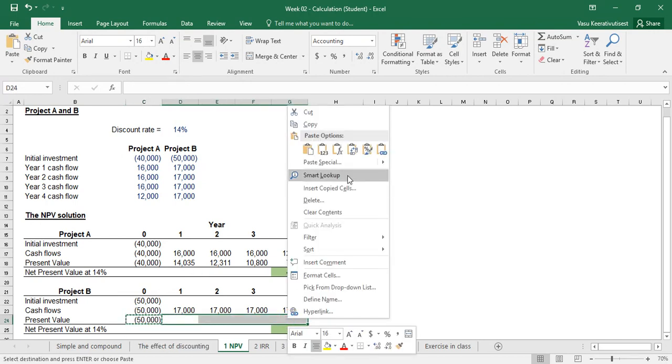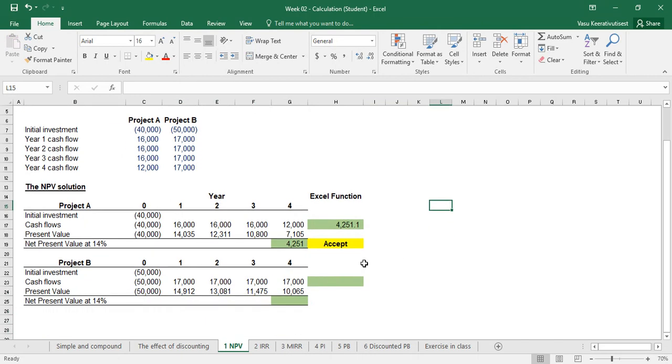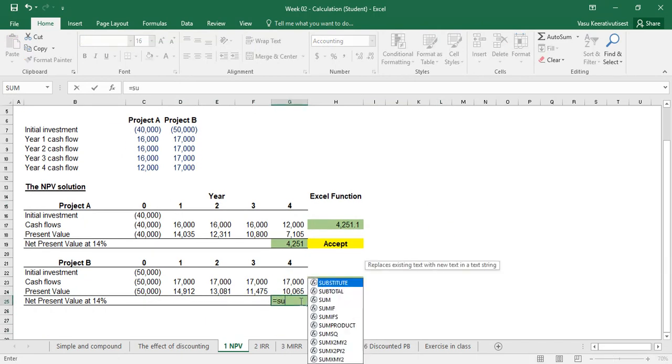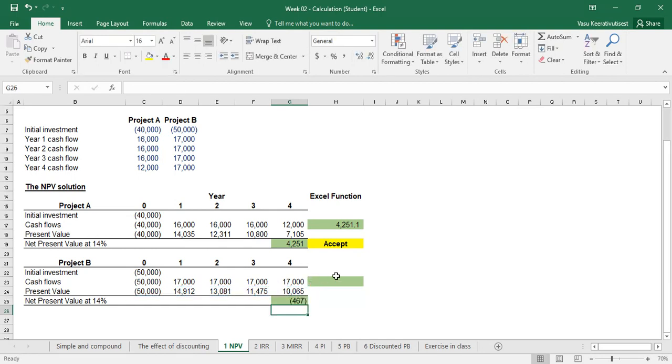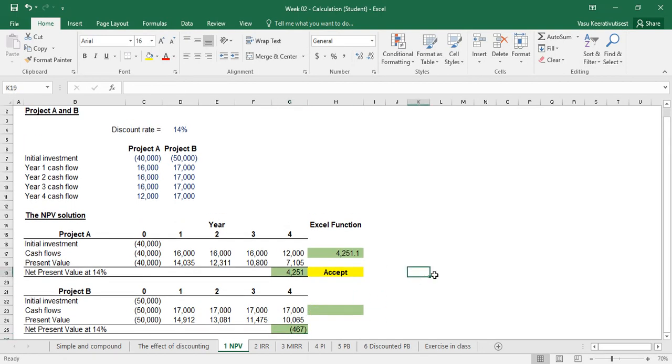Right now, all of the cells in this row are present values already, so what I need to do is sum them all together. Have a look here. Here is the net present value of Project B.